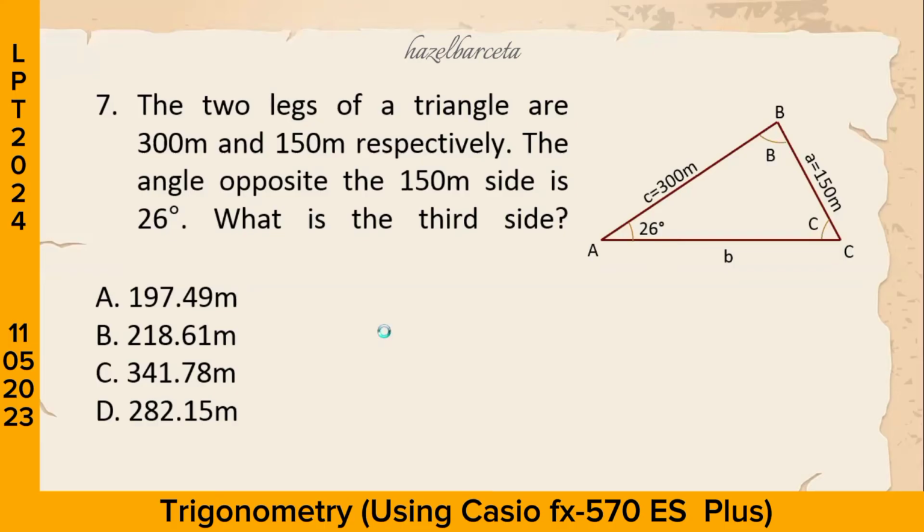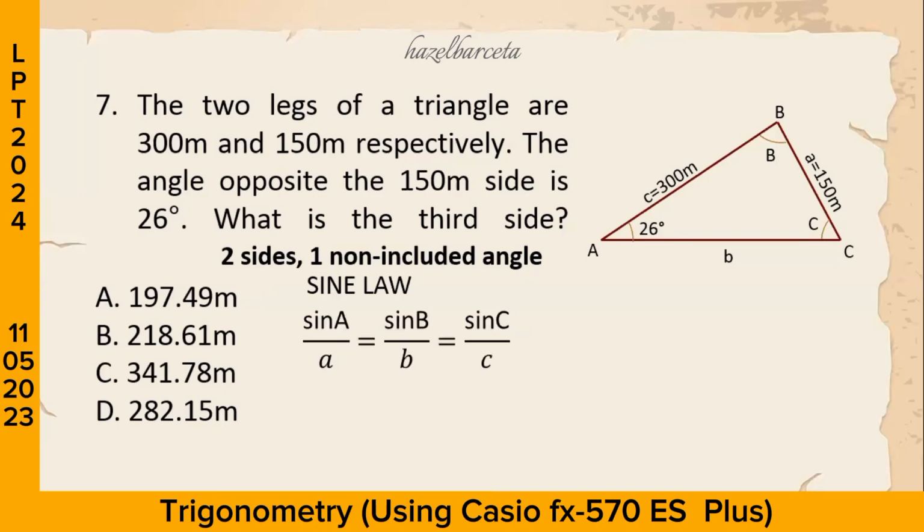So, the given is two sides and one non-included angle. This is because the included angle of the two given side is angle B. So, since the given is two sides and one non-included angle, we will use sine law, which states sine of angle A over side A is equal to sine of angle B over side B, which is also equal to sine of angle C over side C. But angle B, ito po yung hinahanap natin at yung side B. Kasi dapat included angle.